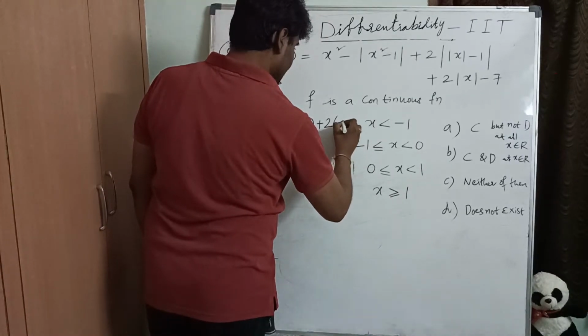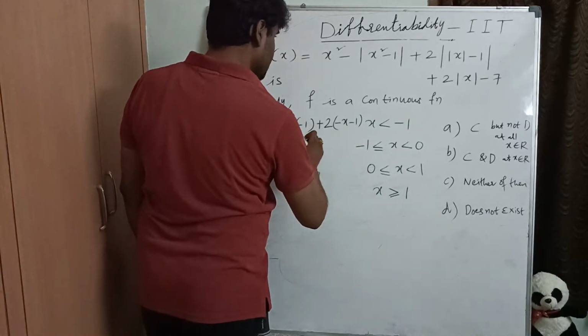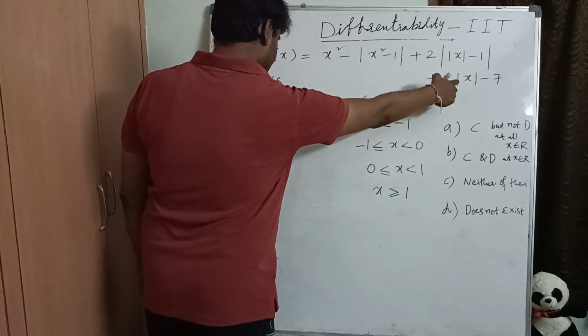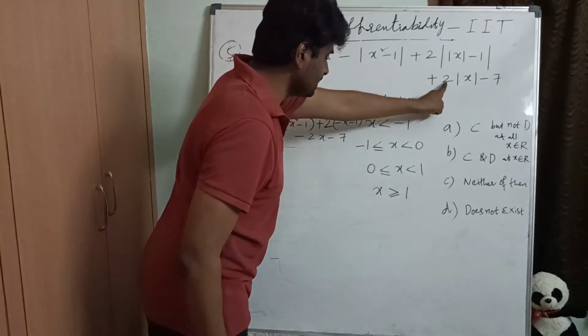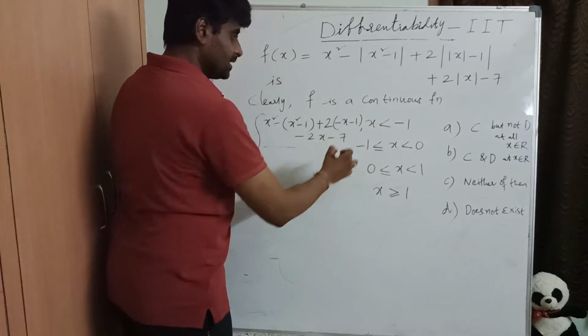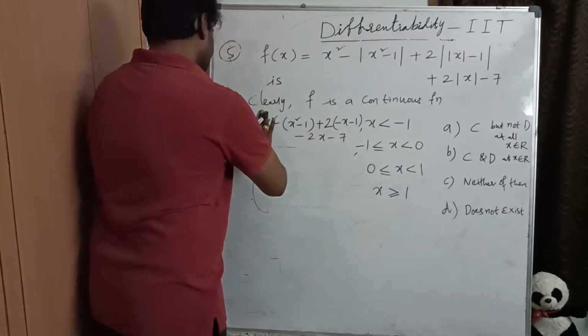So plus 2 into minus x, minus 2x, so minus 2x minus 7 because mod x is minus x for negative values. Clear?